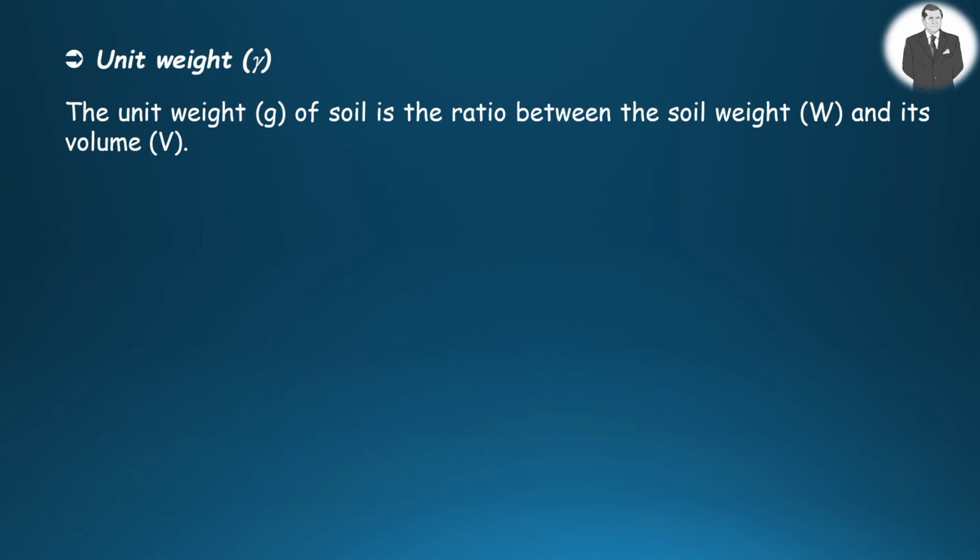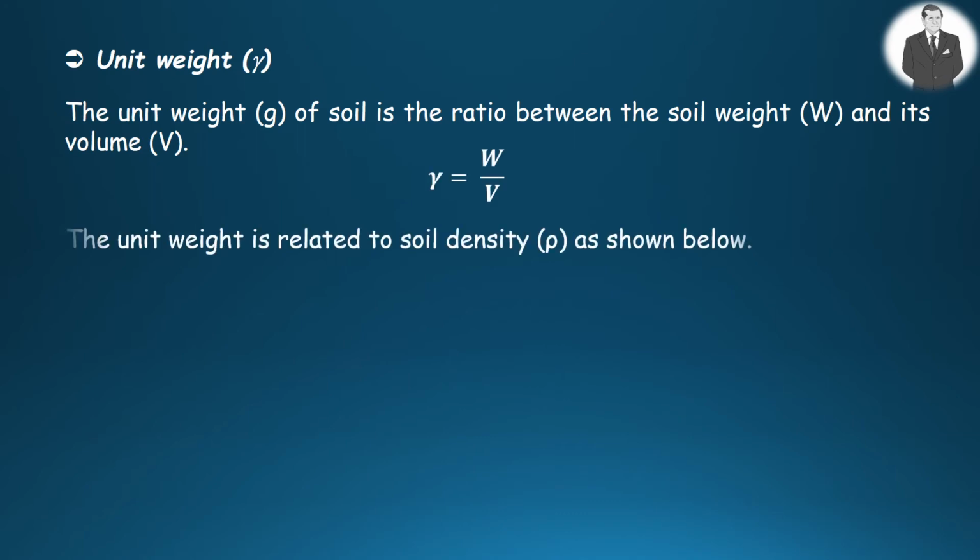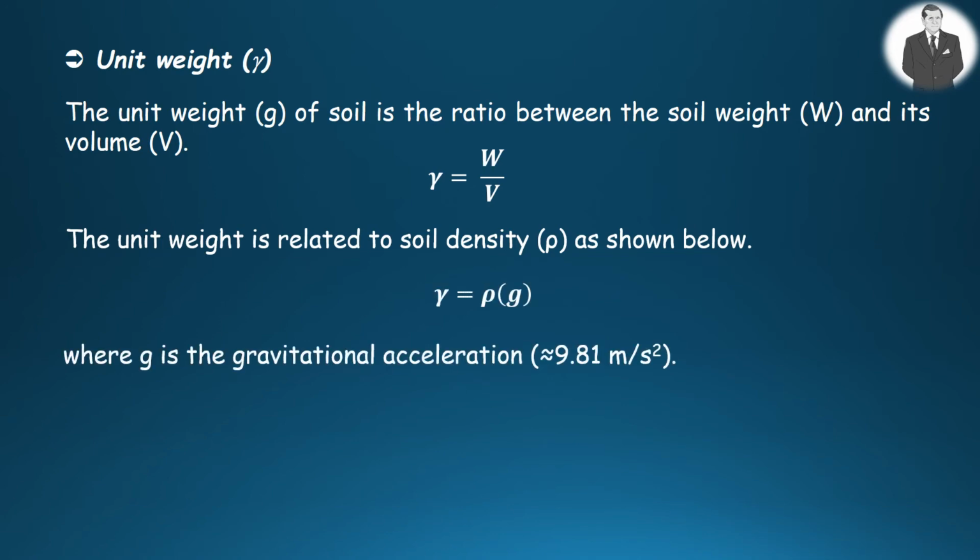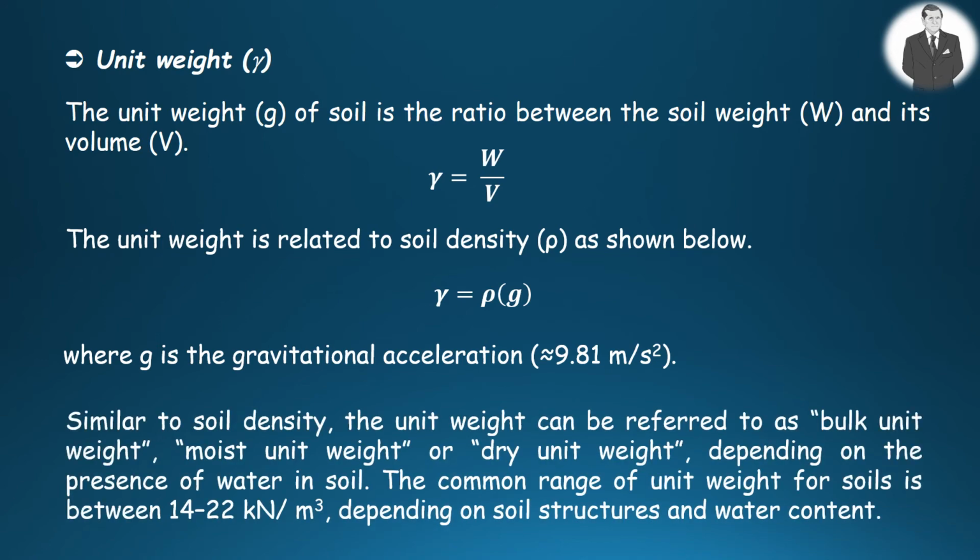The unit weight of soil is defined as the ratio between the soil weight and its volume. The unit weight can also be related to soil density as shown, in which g is the gravitational acceleration, which is about 9.81 meter per square second.